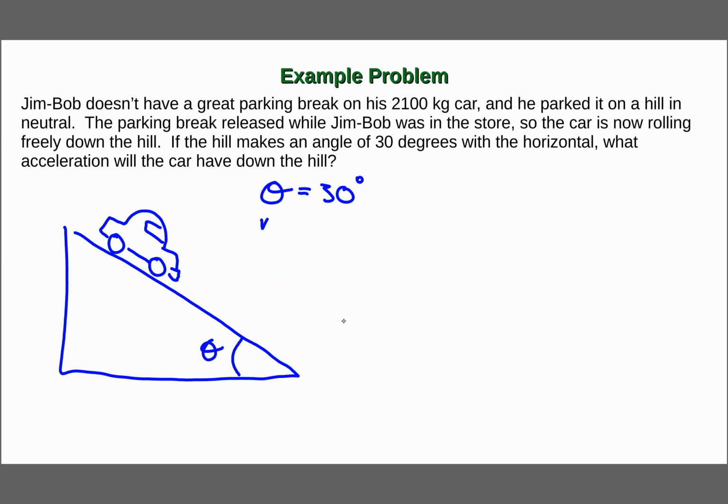And we know what the mass of the car is. It's 2100 kilograms. And we know that little g is 9.8 meters per second squared. So now we want to know what acceleration the car is going to have as it rolls down the hill.